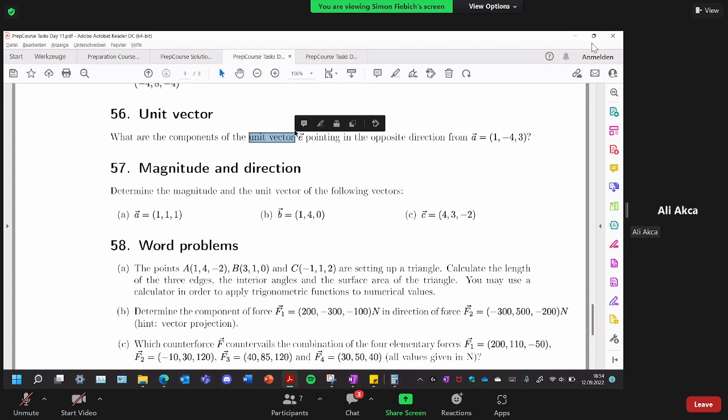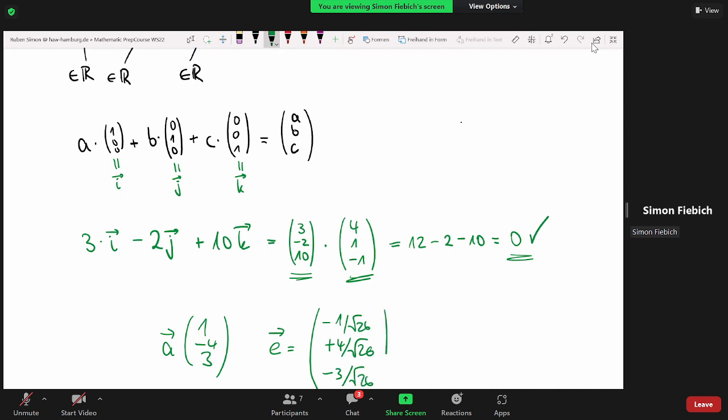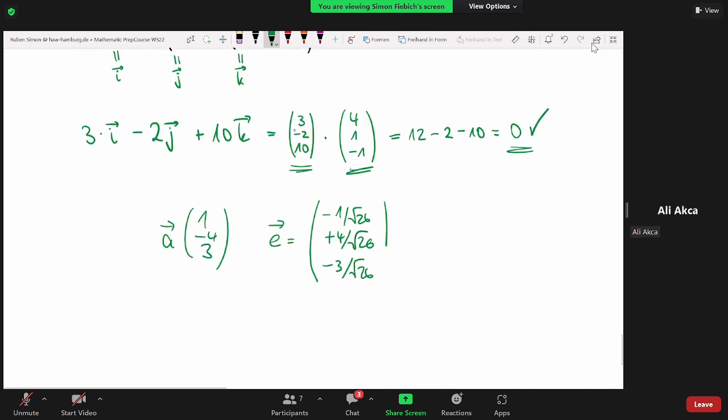Then dividing by the square root of 26 will give us the unit vector E. So this was the original vector, and the vector E would then be -1 divided by square root 26, 4 divided by square root 26, and -3 divided by square root 26. Definitely correct. So this one was not too hard.